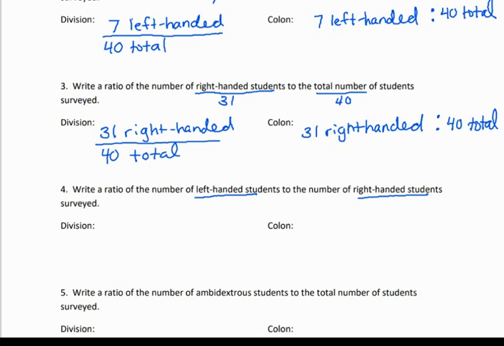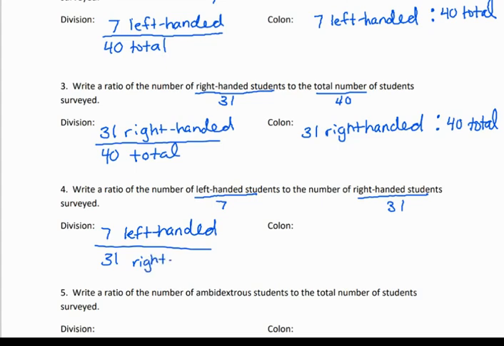Okay, so what I'm seeing here, some did with colons, some did with the fraction bars. So for left-handed, like we saw, and we've already written it, there was 7 left-handed, and right-handed, there was 31. So for division, I have 7 left-handed over 31 right-handed.